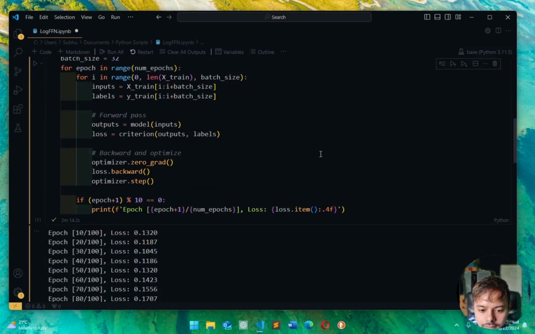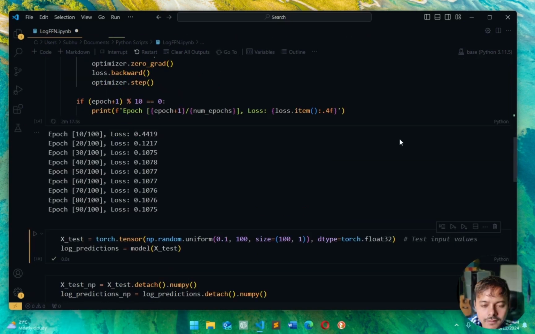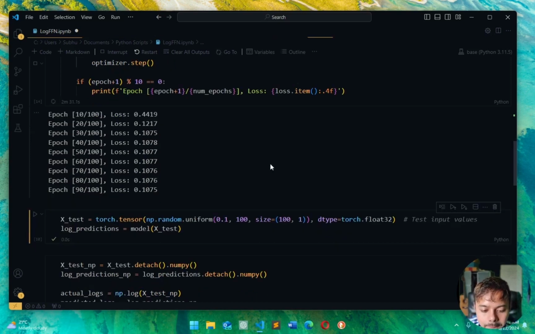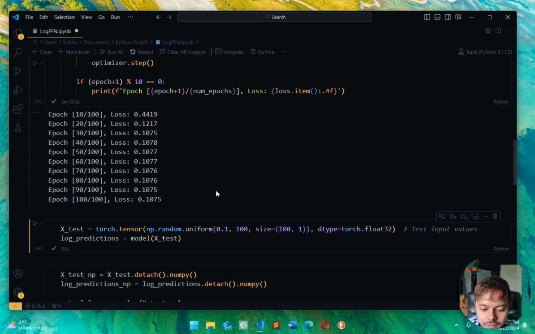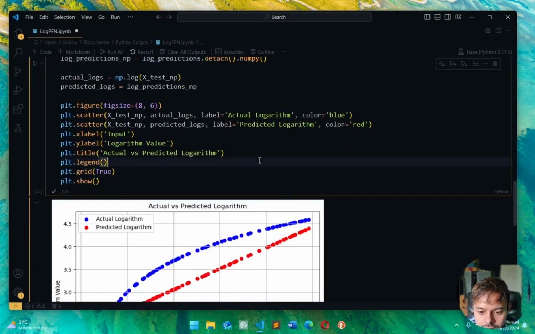Okay, we have initialized that. Now let's train it. Our training is nearly completed, but I can see here the training loss is still not sufficiently low. It's still 0.10, which is very large for the log function error.